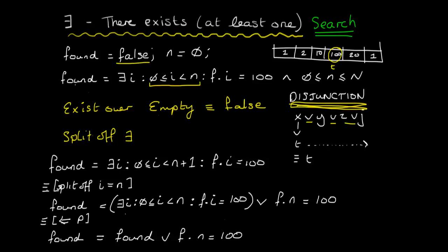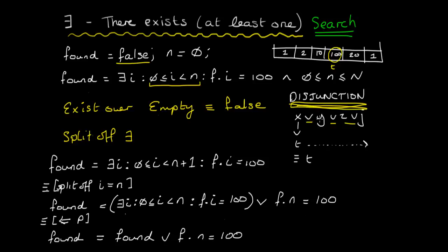So whatever variable you're using to store your answer, along with this operator, you're going to initialize that to false. And that is because we assume that the value does not exist, and also if it's an empty range, there are no values in the empty range, so how can it exist in the first place? So setting it equal to false makes sense. Also, it makes sense because it's a disjunction.